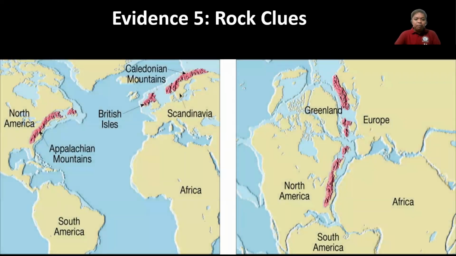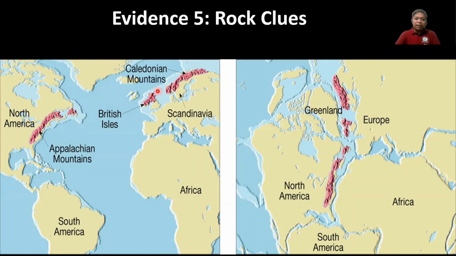Another for rock clues, they examined the mountain ranges or mga bulubundukin dito sa part na ito ng North America, that's called the Appalachian Mountains, and dito sa left side ng Europe which is called the Caledonian Mountains. They examined the rocks na makikita sa mga mountain ranges na ito at yung itsura ng mga mountain ranges, and they said that parehas na parehas lang.